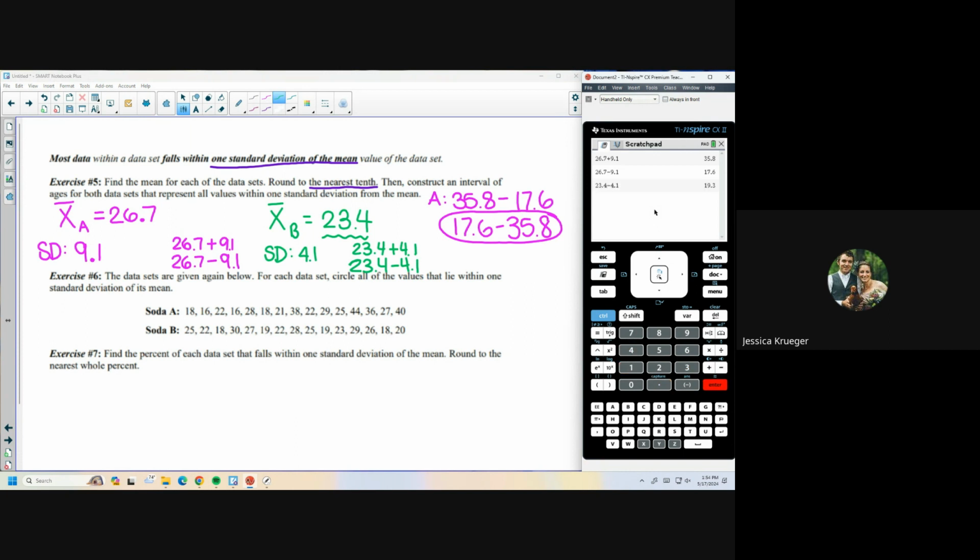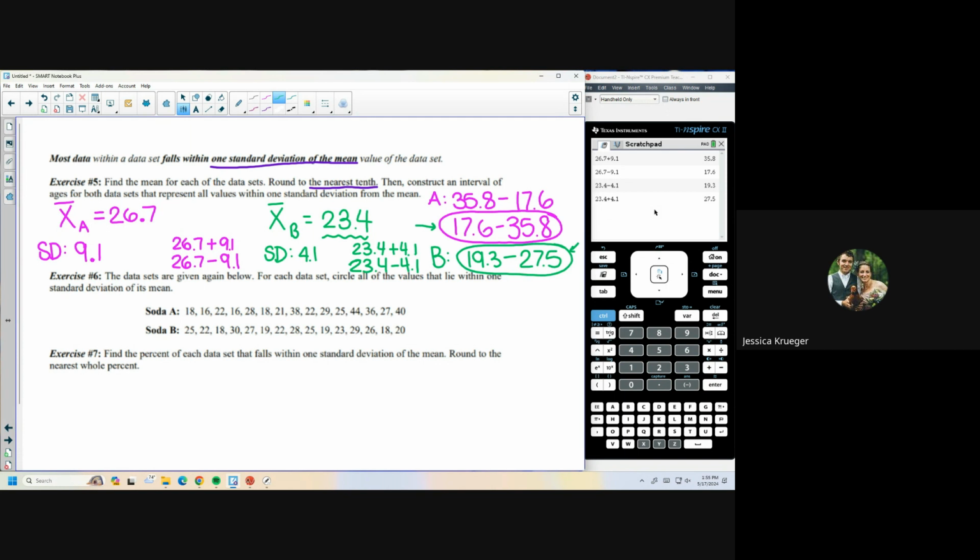So the minimum age for soda B, for the majority of soda B's drinkers, is 19.3. And then 27.5 would be the upper portion of the age. So again, we can see there's a broader range of ages that like soda A as opposed to soda B.